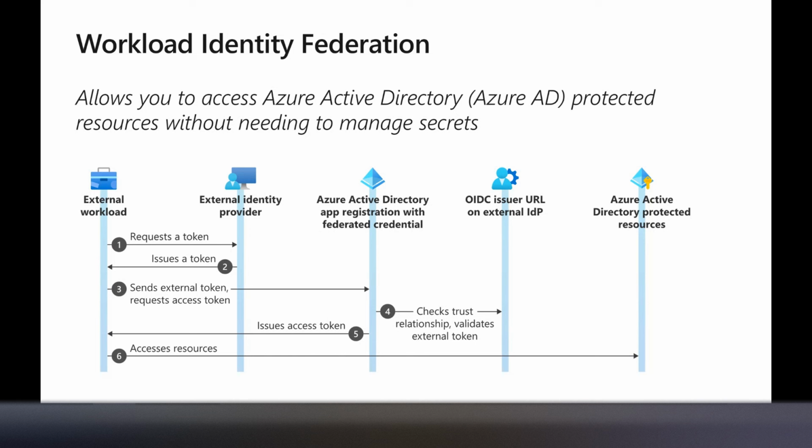For example, think of GitHub Actions. They use the GitHub IDP. They don't use Azure AD. Let's say that a GitHub Action needs to access resources in Azure. Today, we have this service principal and the whole GitHub secret. This is to avoid that. This is to provide a more straightforward, streamlined way of doing identity federation.